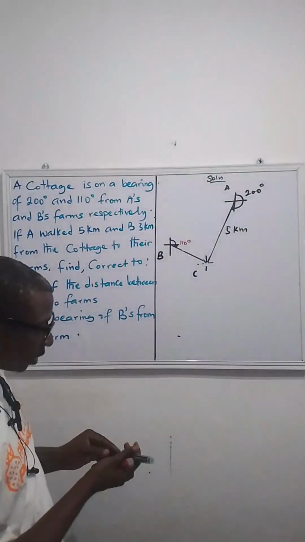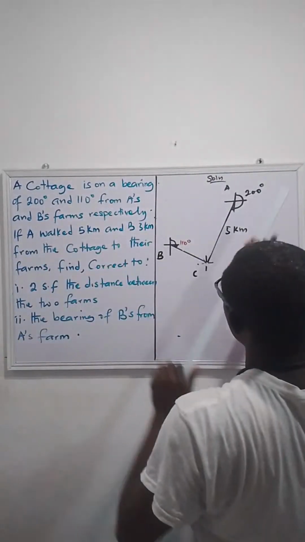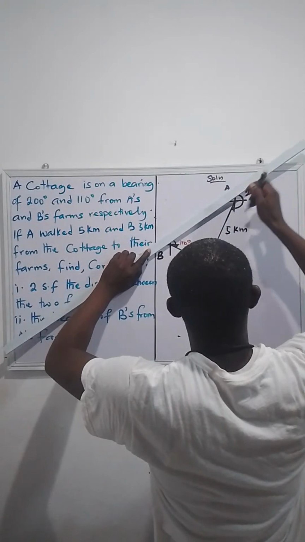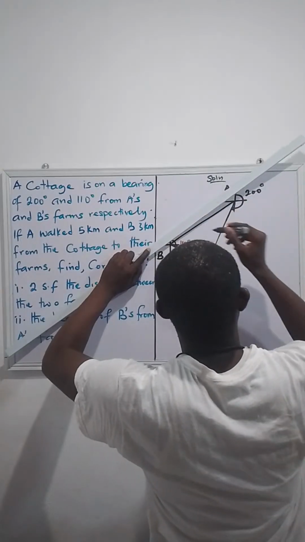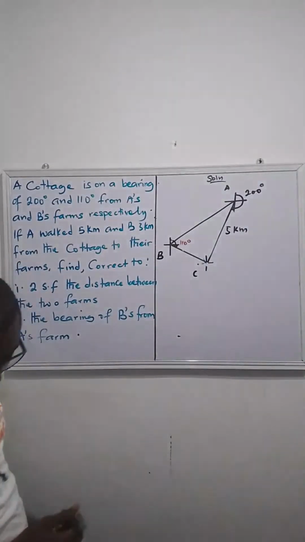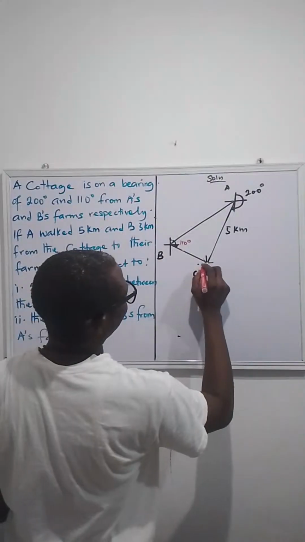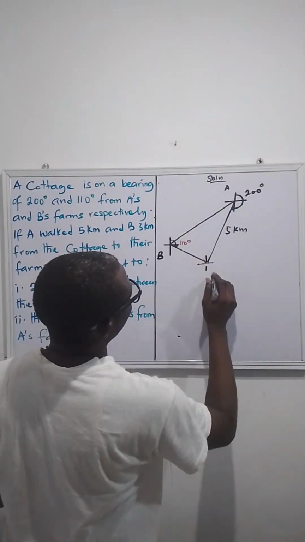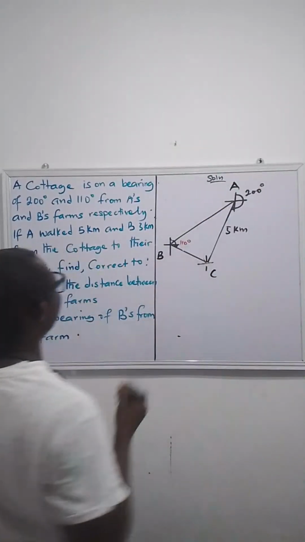All right, so now let's join the points together. Okay, so this is point C, point A, and point B.